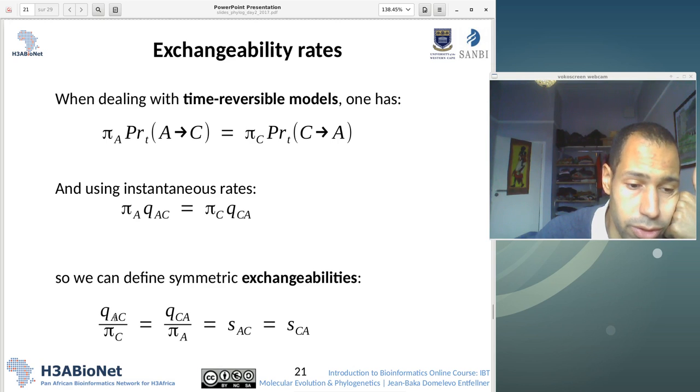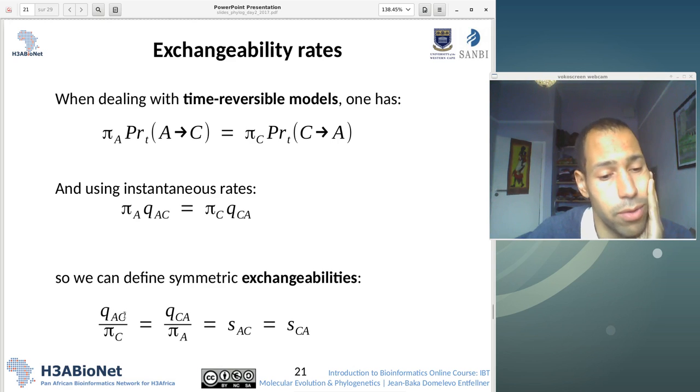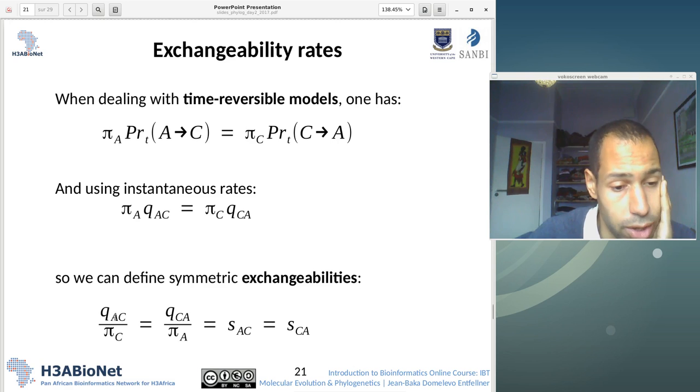So you see that it's symmetric in the two characters A and C. If here in this expression you replace A by C and C by A, you have QCA divided by pi A. Okay, that's it. So it makes sense to say, okay, we have an interesting equality that is symmetric.